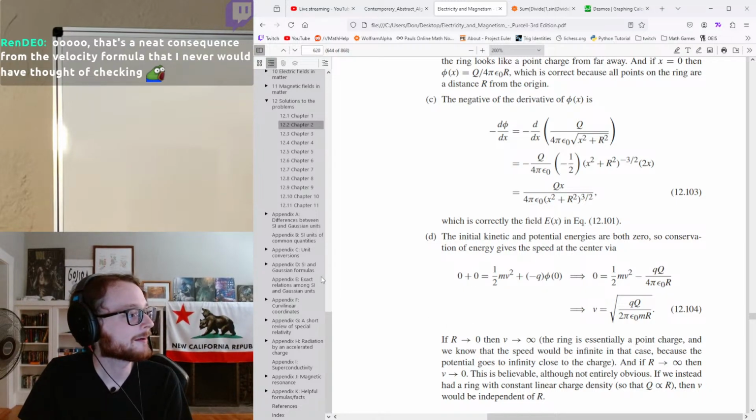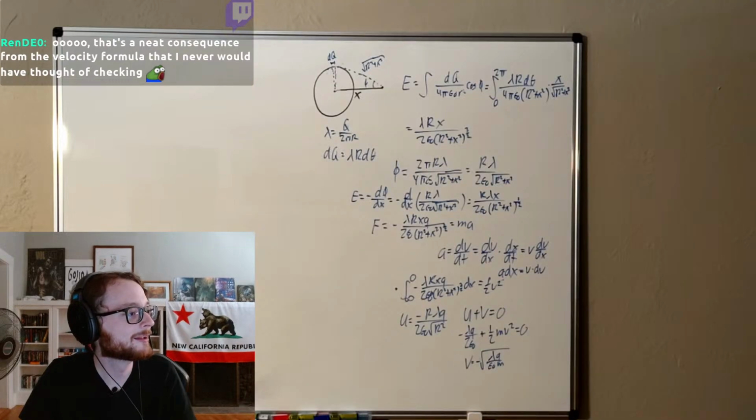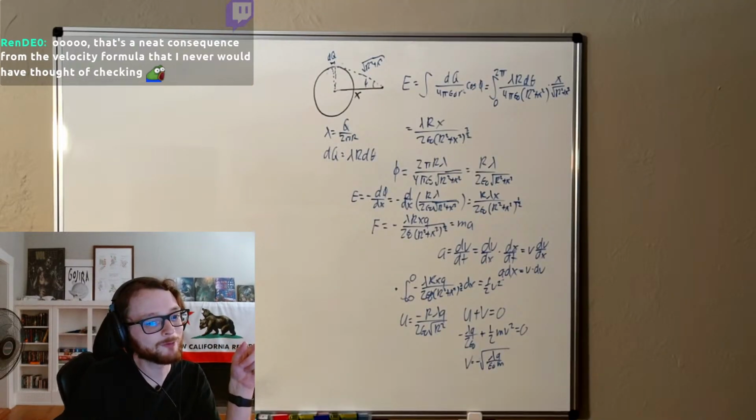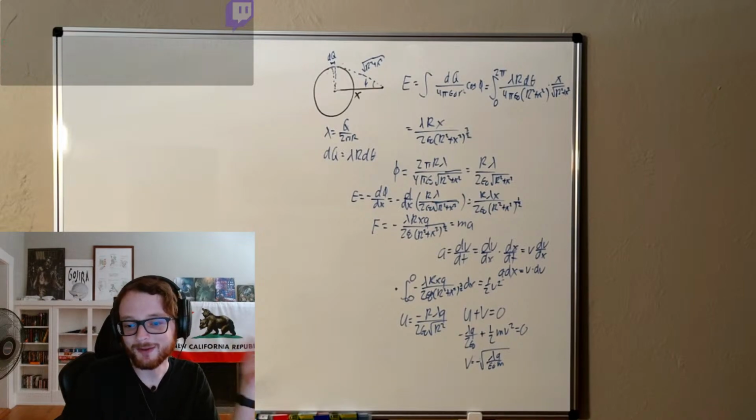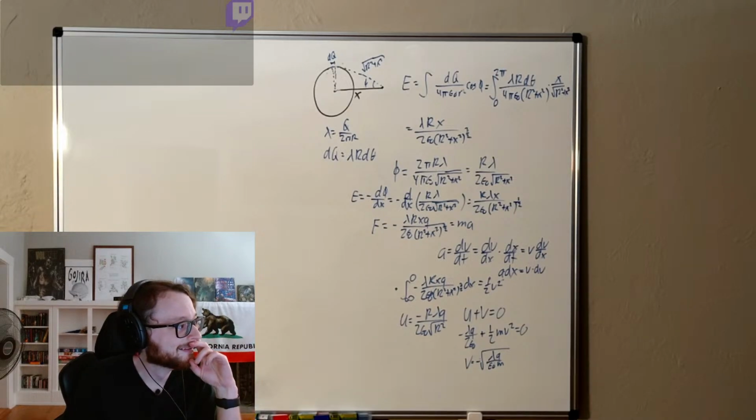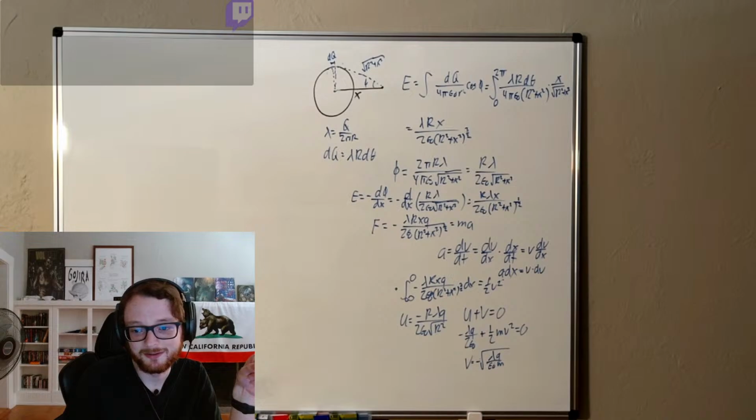Oh, wait. That's what I did on the board. R got removed from my answer. I don't know what they're saying instead. We are given that it's a constant linear charge density, I think. But yeah, in my last line there is no capital R, and I think that's what they're saying.